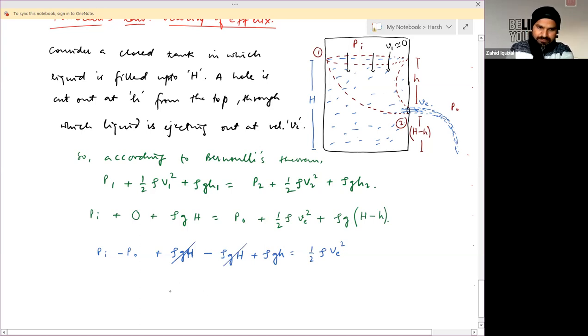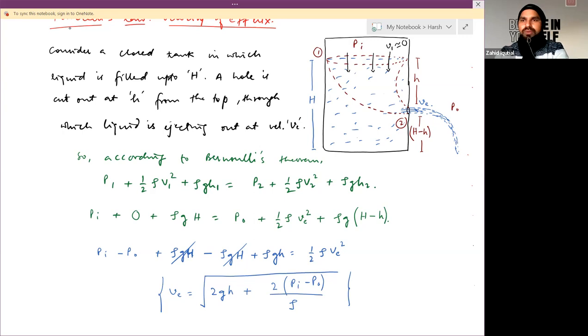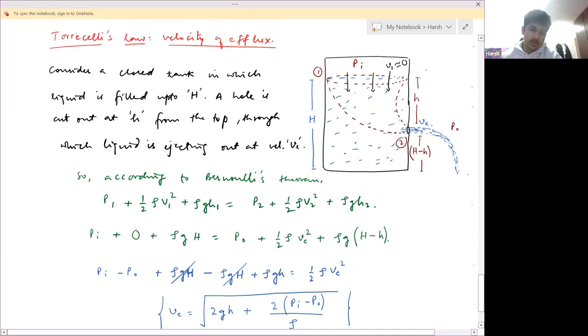So on solving, you will get velocity of efflux equals root under 2gh plus 2 times change in pressure divided by density. So this is our final expression of the velocity of ejecting out through this particular hole. Is it clear? Yes, sir. This velocity of ejecting liquid is called velocity of efflux.